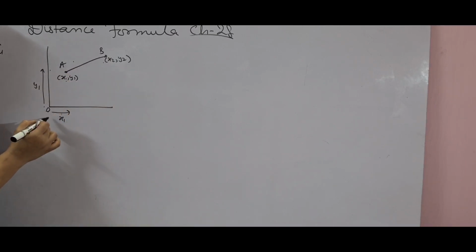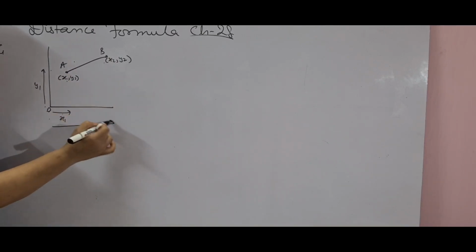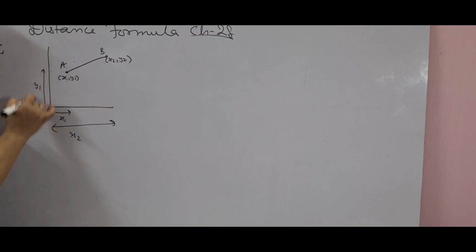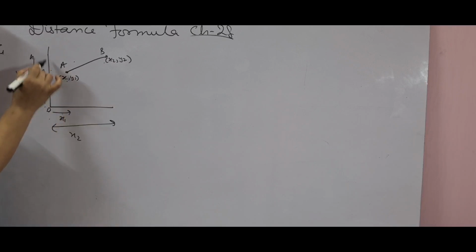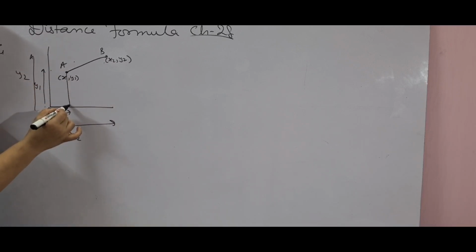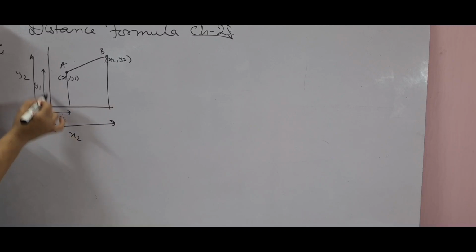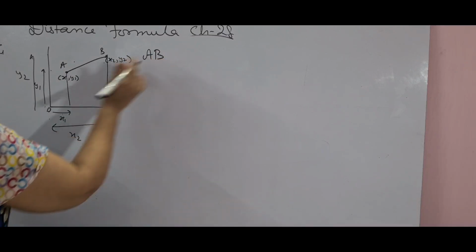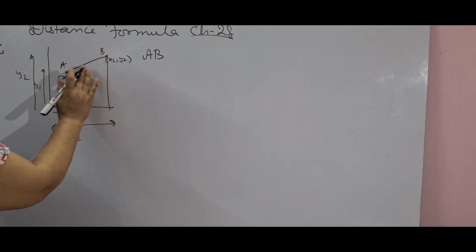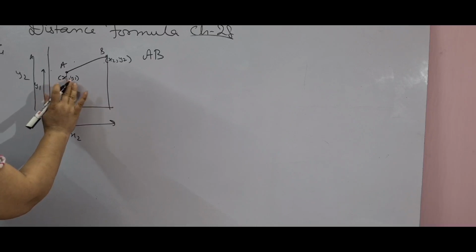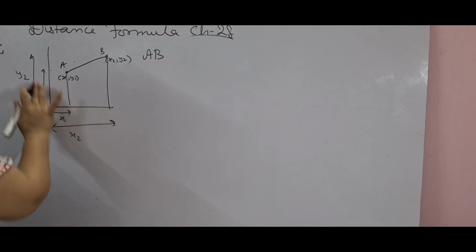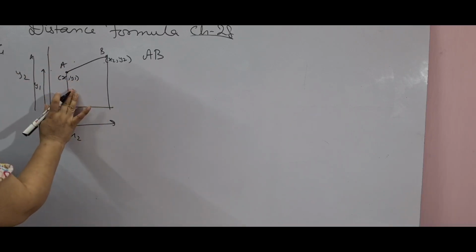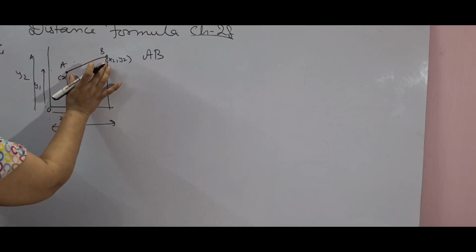Similarly, x2 is the distance of x2 from the origin, and y2 is the distance of y2 from the origin. The question is not this, because this distance you can measure very nicely with the scale or with the intervals. The question is the distance between AB, the distance between the points A and B in the coordinate plane. This is a coordinate plane because I am representing two coordinates, x and y, one along the x-axis, another along the y-axis, and since I am relating this to distance, it is said to be the distance formula.